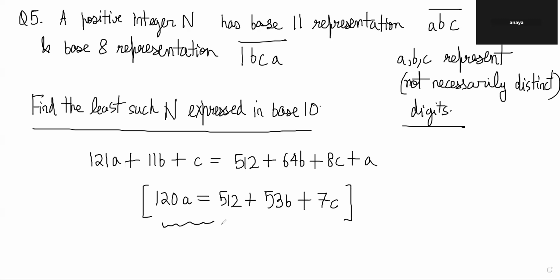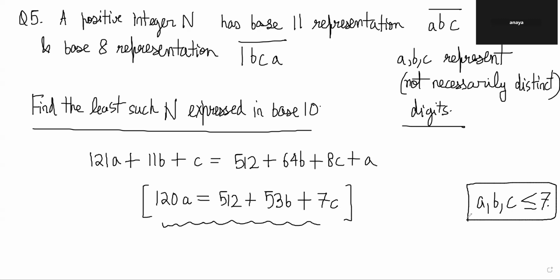From this equation, now what all can we say? We know A, B, C are less than or equal to 7, right? So then what can we say now? I did it like 120A minus 53B minus 7C is equal to 512.